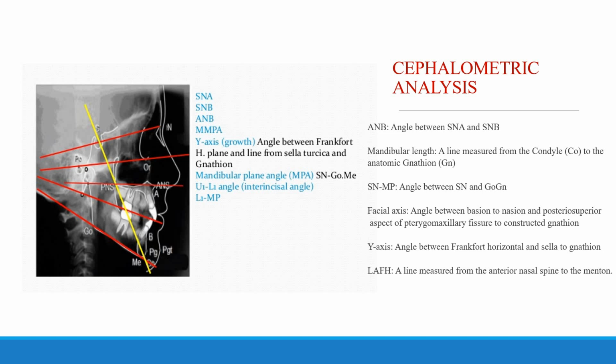Other studies found that the maxilla was in a normal position in relation to the cranial base, while the mandible was retrusive. Others found that the class 2 skeletal pattern is due to both maxillary protrusion and mandibular retrusion.